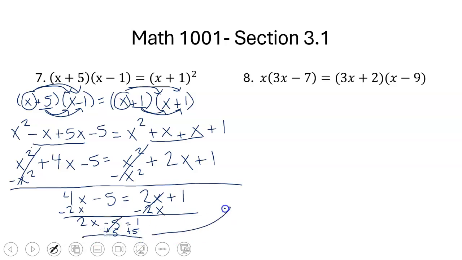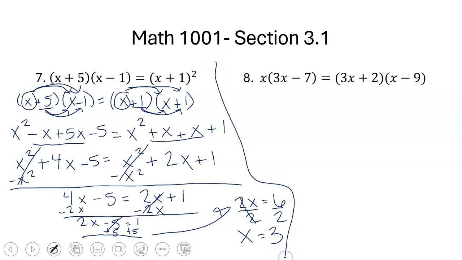So this becomes, ran out of room, sorry. 2x equals 6. Then divide both sides by 2. So x equals +3. x equals +3. All right, so let's go to the next one.